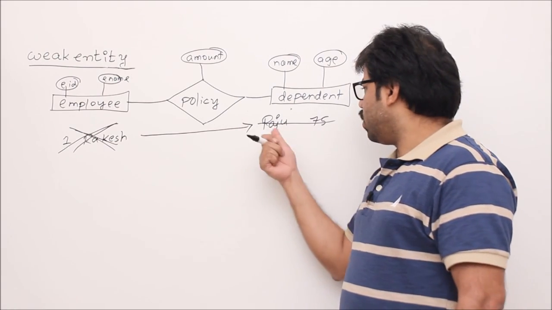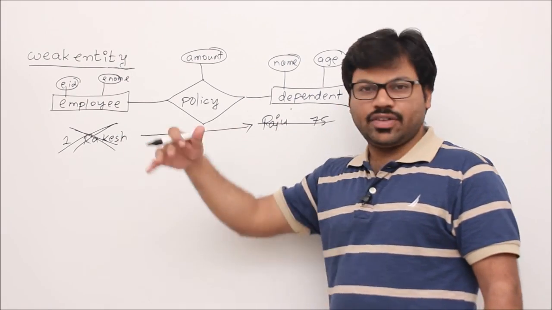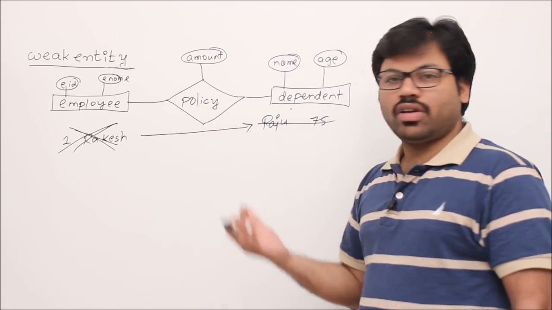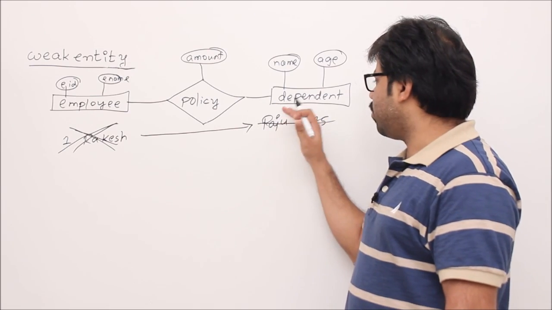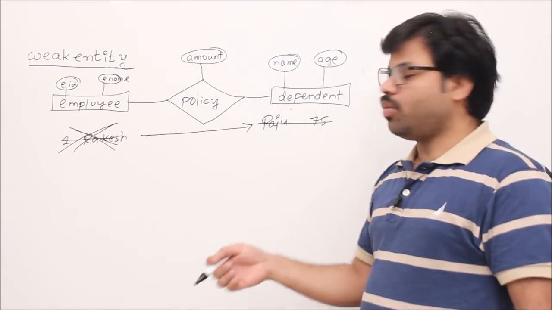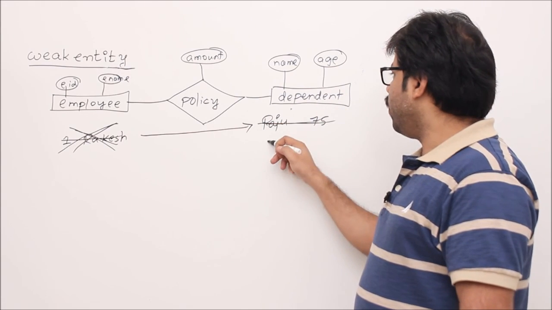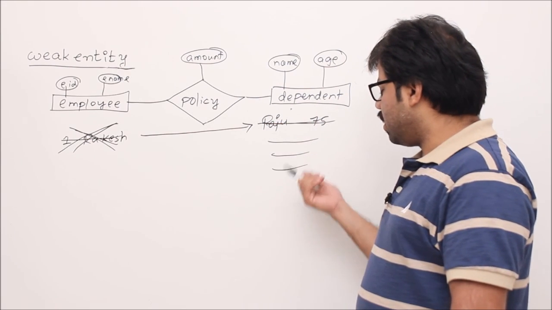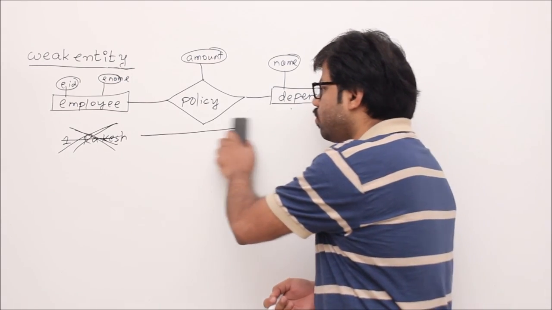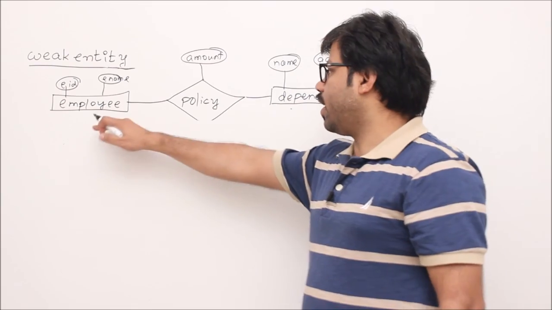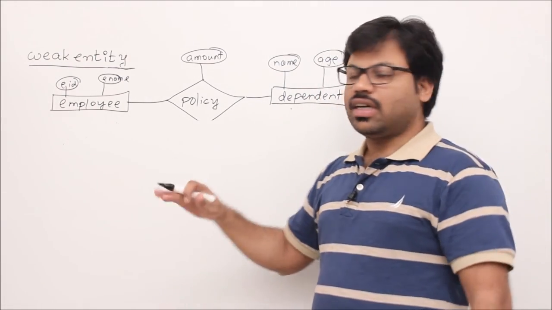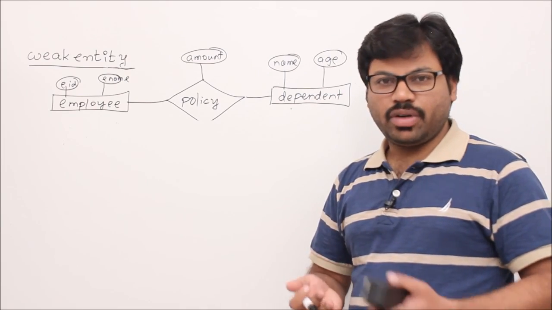They don't bother about Raju, 75, if Rakesh leaves the company, isn't it? So this is one more symptom for checking whether something is a weak entity or not. If you delete a strong entity, automatically some of the weak entity tuples will be deleted. That's why I can say that here employee is a strong entity for this weak entity. Whenever you delete some of the employees, the corresponding dependents are going to be deleted, correct?